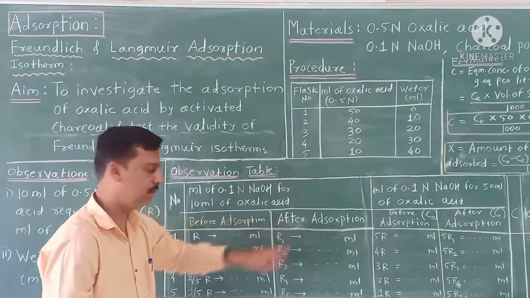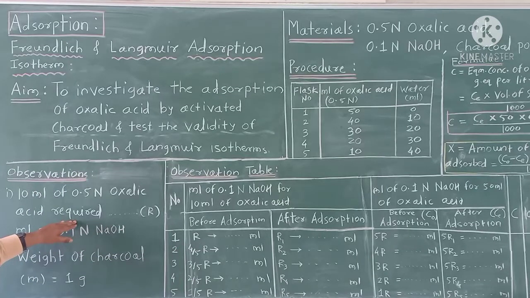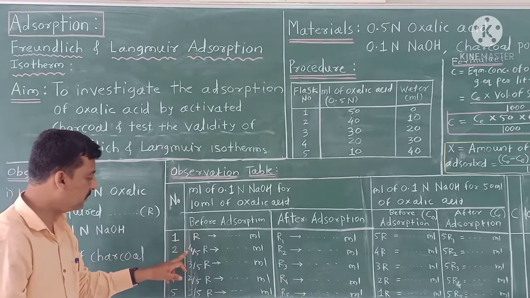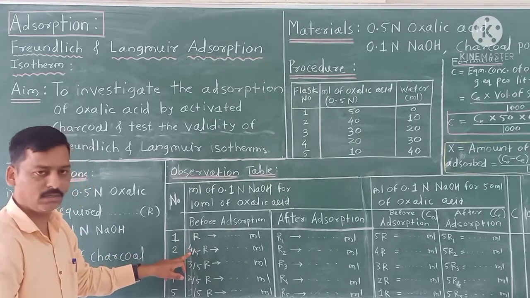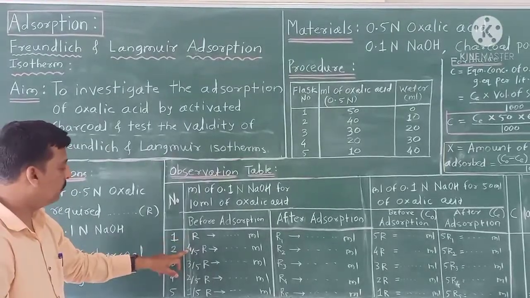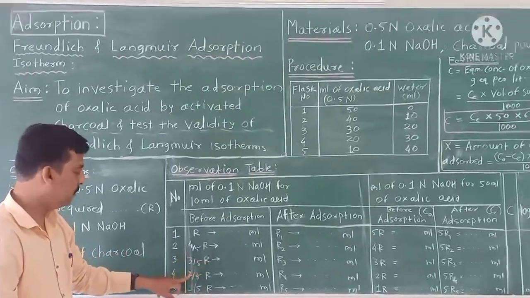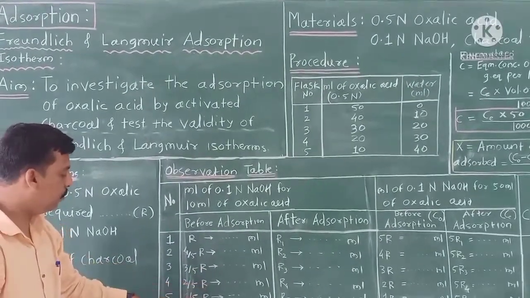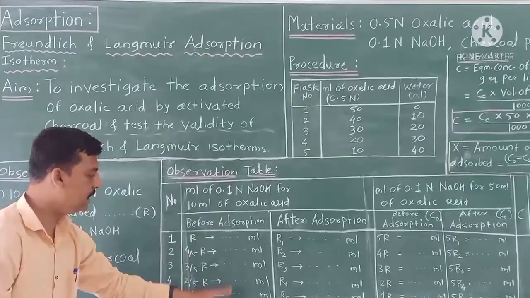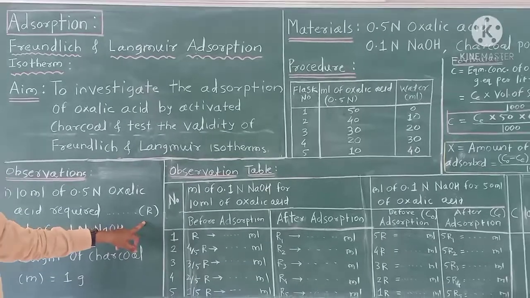We already have the value of R from the titration with oxalic acid, so we calculate these readings: 4 upon 5 into R, 3 upon 5 into R, 2 upon 5 into R, 1 upon 5 into R. We fill this table using the R value.